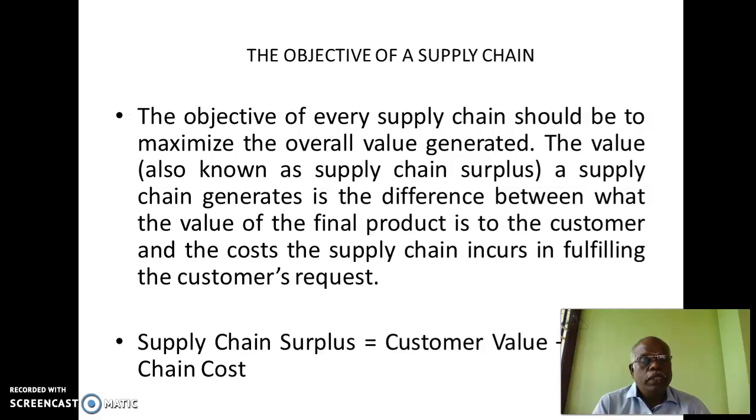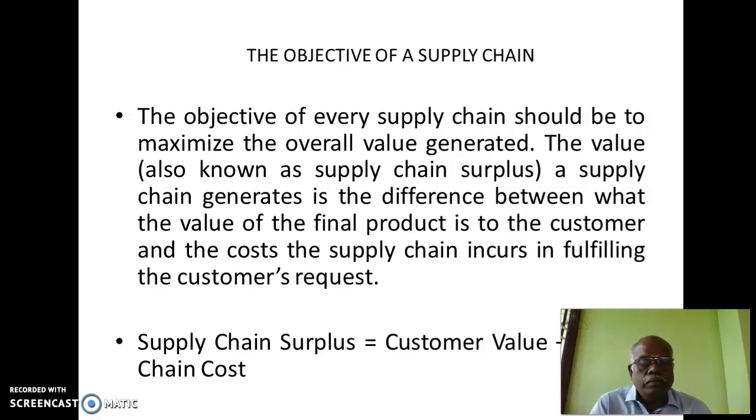What is the customer value here? It is the actual price the customer is paying for the particular product. And what is the supply chain cost? It is the total cost including the production and distribution until it reaches the particular shop.